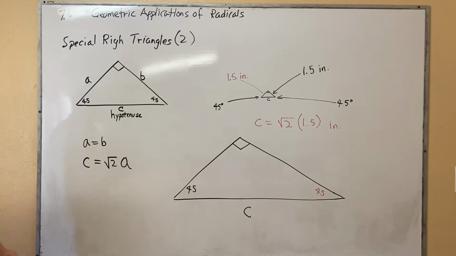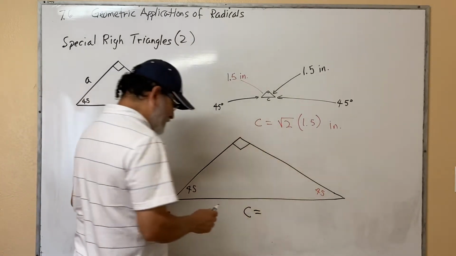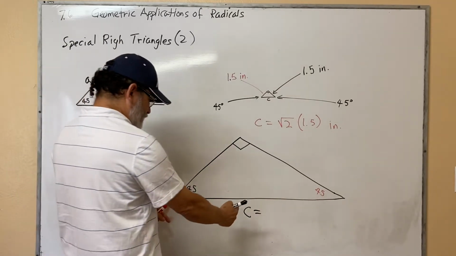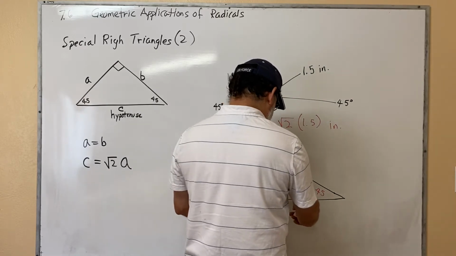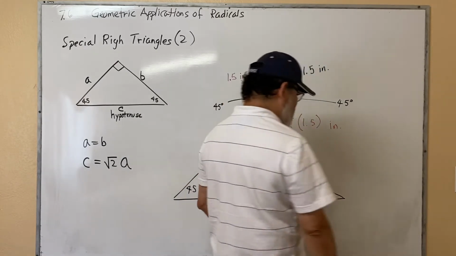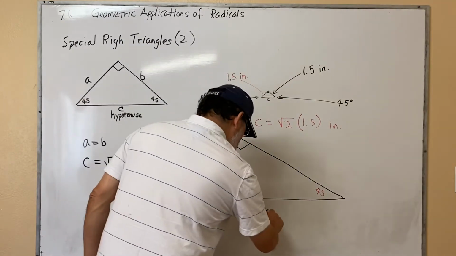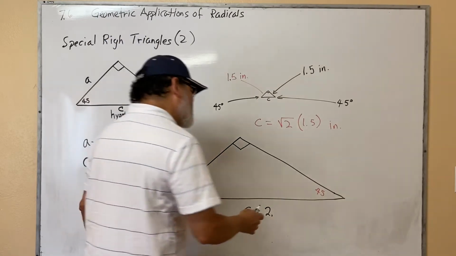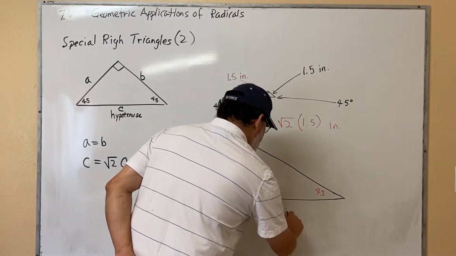What if we say to you guys, C is, let me see, 2.5 feet.